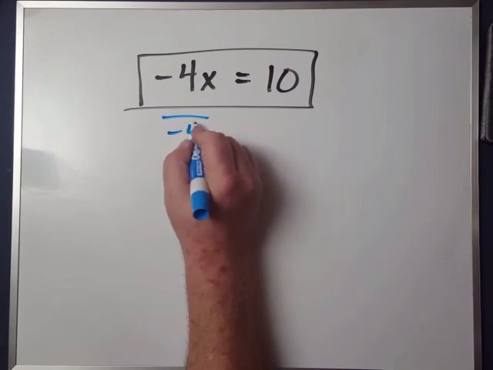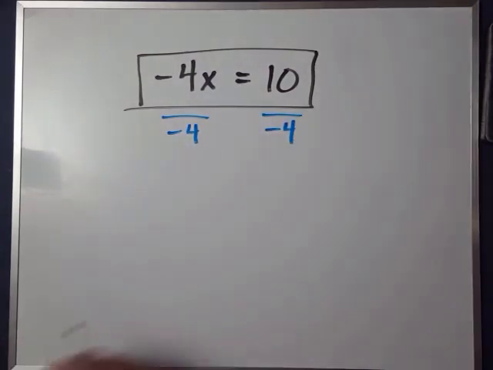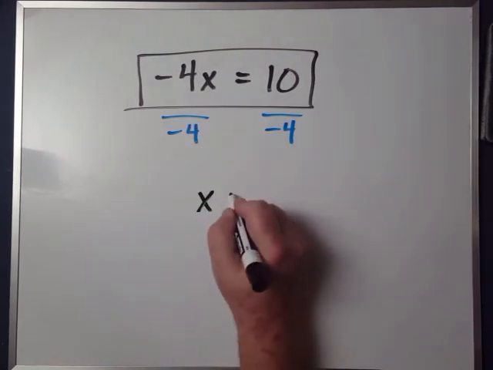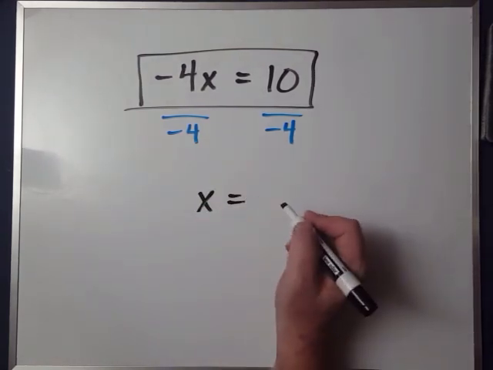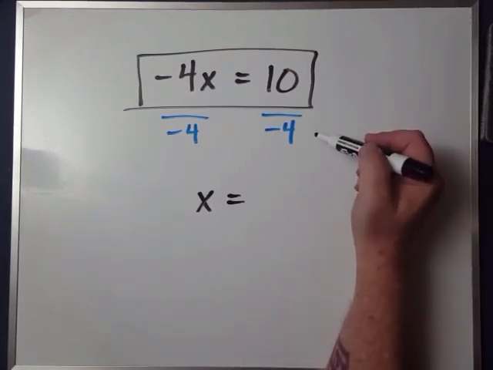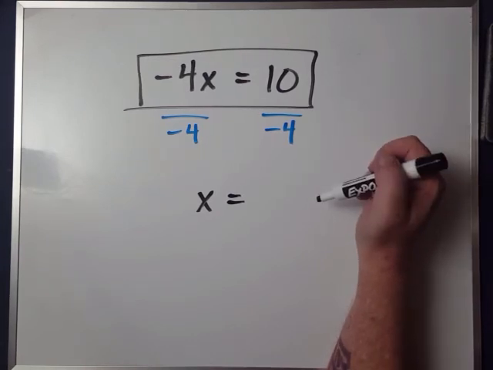Divide both sides by -4. On the left, my -4's cancel to leave just x. On the right, now class, I've asked you to answer this a certain way. What is 10 divided by -4?